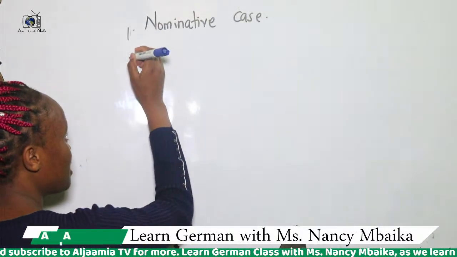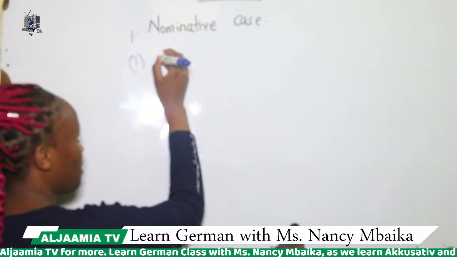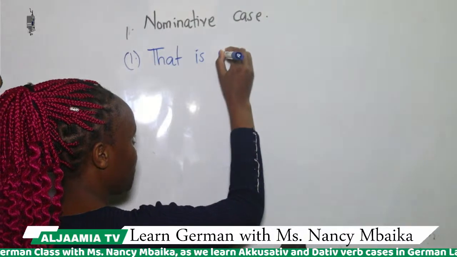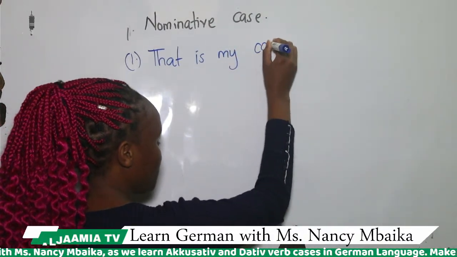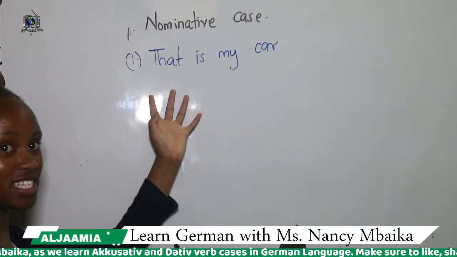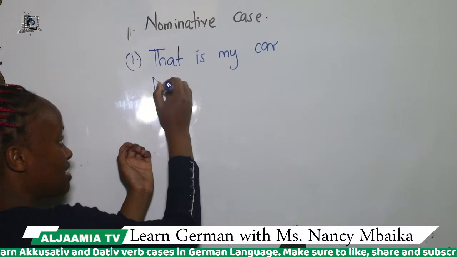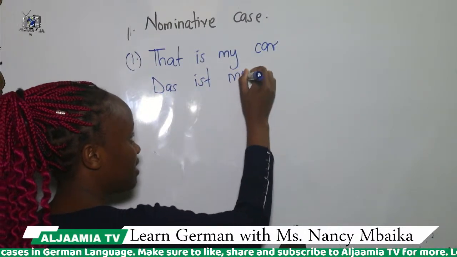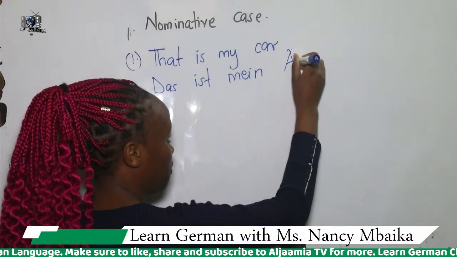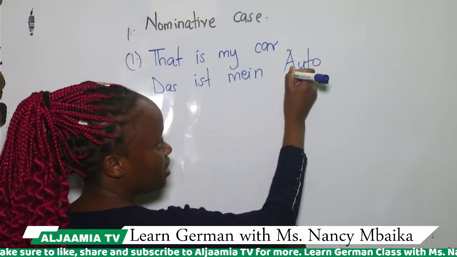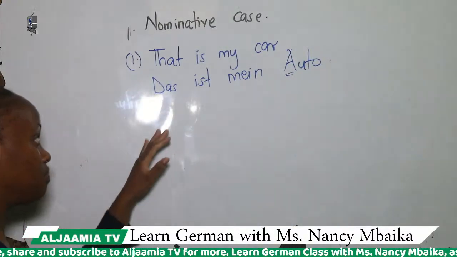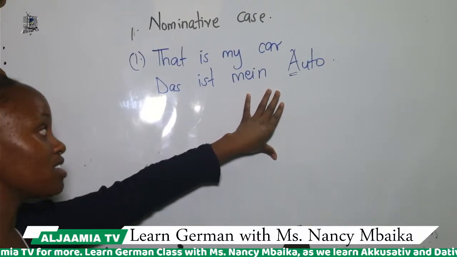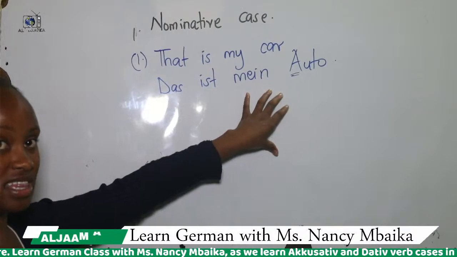So the first sentence I'm going to write is, that is my car. So how are we going to say this one in German? Das ist mein Auto. So pay attention to the capital letter. So das ist mein Auto. Where have we used the nominative case? It's because we don't have any other noun in this sentence.